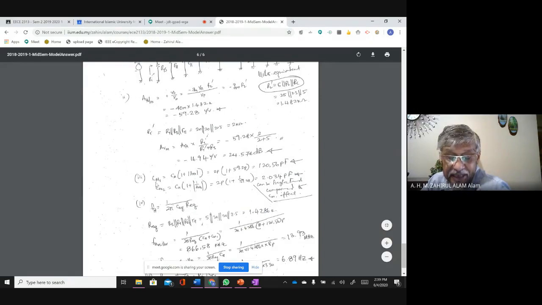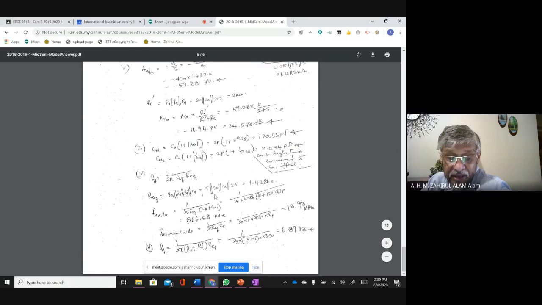And this is CM1, this one, CM2, this one. And based on this, the Miller frequency and without Miller. And for low frequency, again RS plus RI prime with the low frequency bypass capacitance.